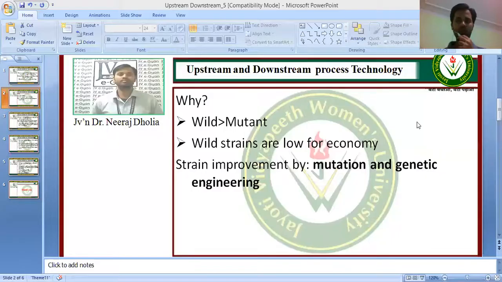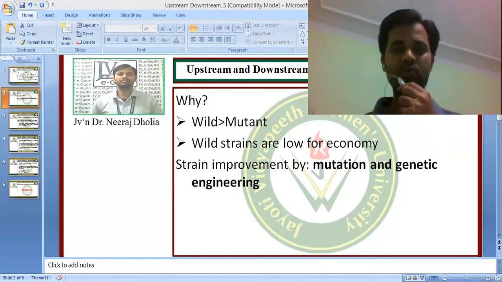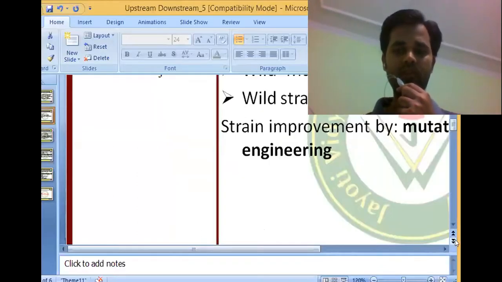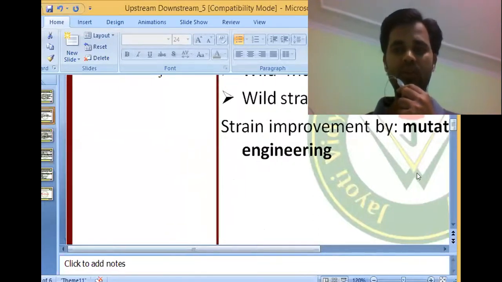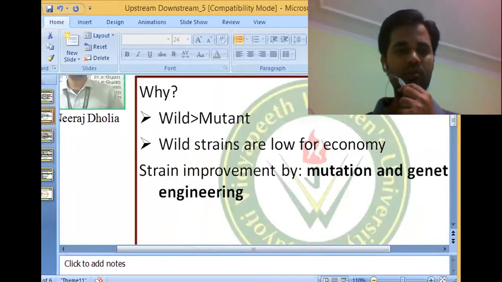So we change its properties so that it comes to the stage where it can give an industrial or economical benefit to us. Okay, so the wild strains are not economically beneficial for us.